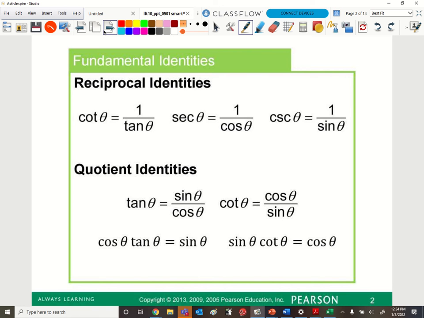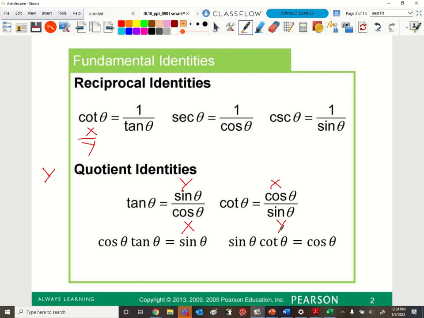Yeah, y over x, because cotangent, which I have right here, is x over y. So sine is y, cosine is x, right? Yes? Okay, good. Next one, so cotangent is x over y.